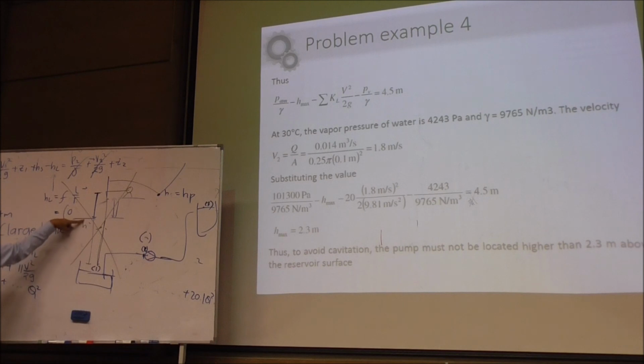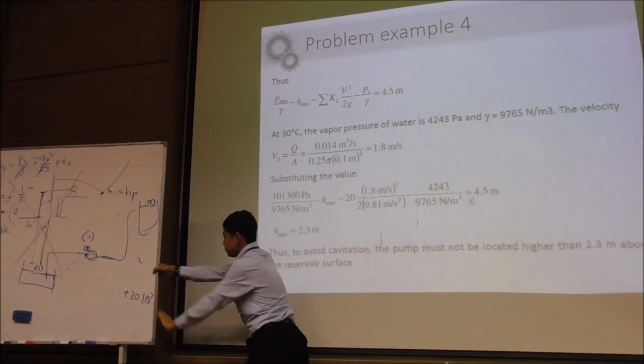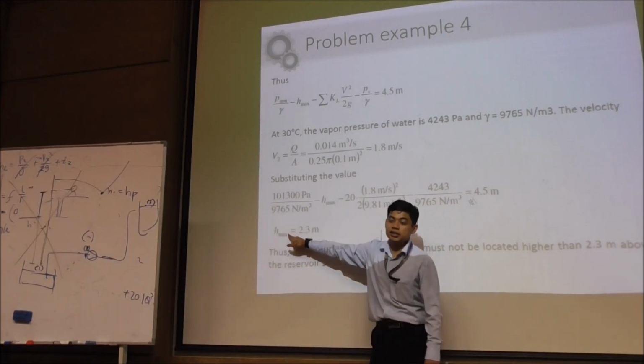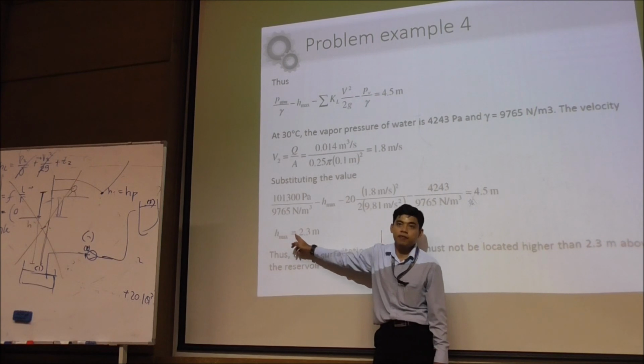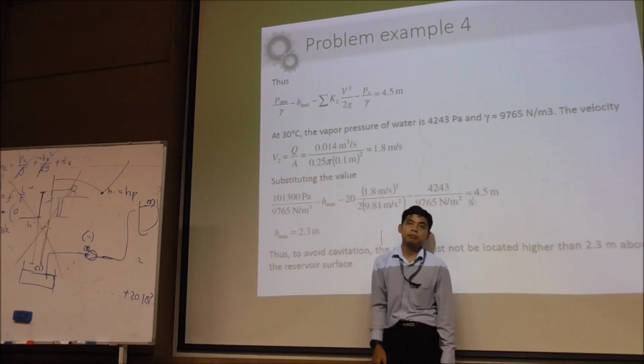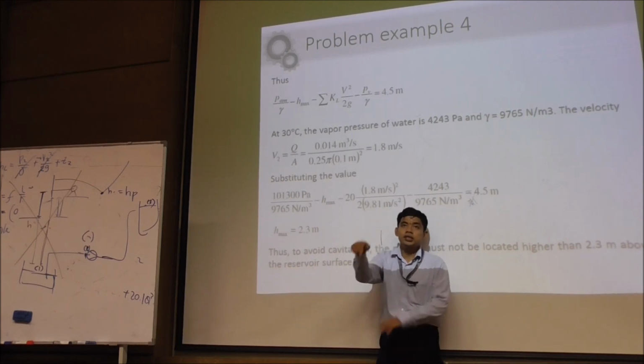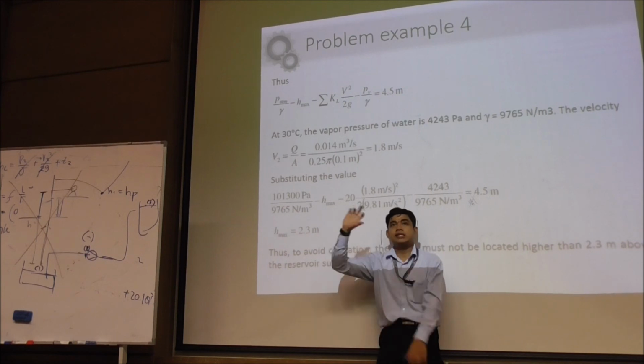Doesn't matter, it's from the surface. This head, now I'm talking about this. This head max is from the surface of the reservoir, not from the entrance of the pipe. Because when you set one, the one is not at the entrance of the pipe, it is at the surface.